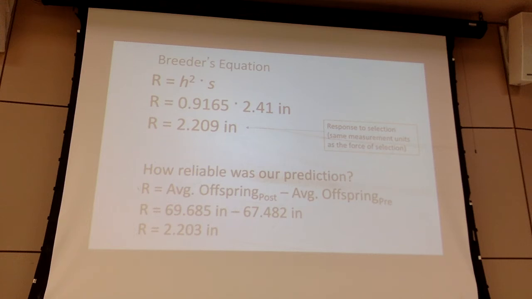So VP equals VG plus VE. VA is a portion of VG: VA plus V epistasis plus V maternal effects. Sorry, it gets really hairy. You'll have to trust me a little bit on that one. VA is always going to be smaller than VP because it's a subset of VP.